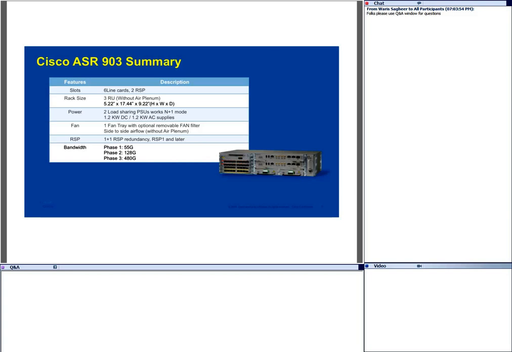All 3 generations of RSP are supported on 903. The first one was 55 gig, the second, RSP2, was 128 gig, and the RSP3 is 480 gig. So when I say RSP1, 2, and 3, I'm talking about RSP generations. RSP1 is the first generation, RSP2 is the second generation, and RSP3 is the third generation, the current generation.